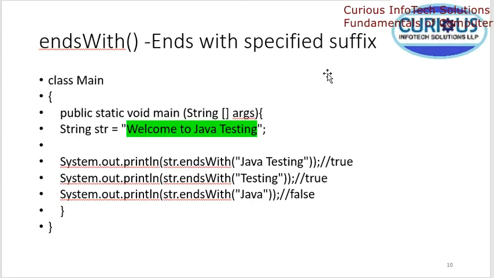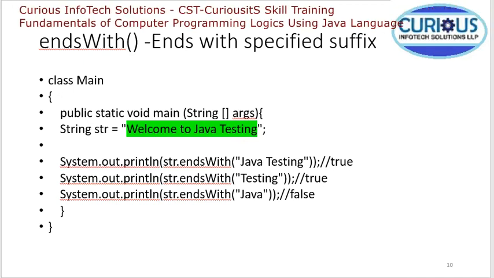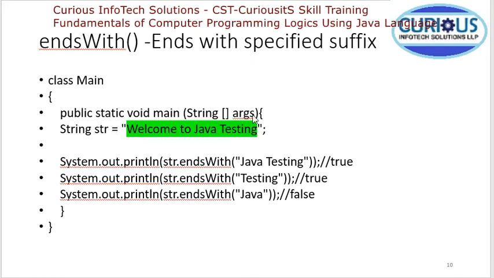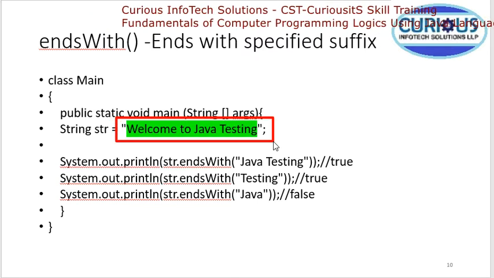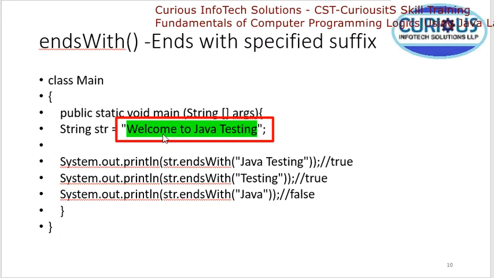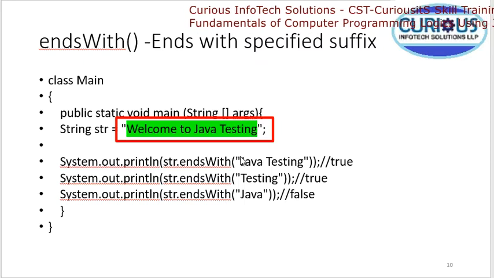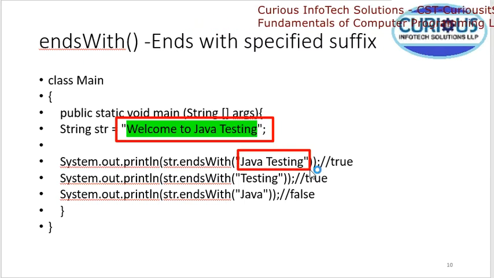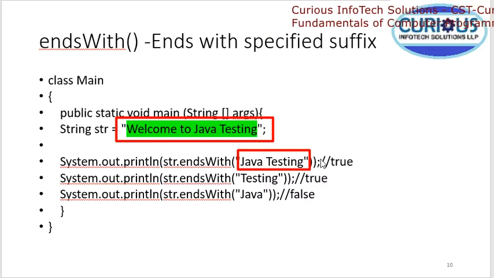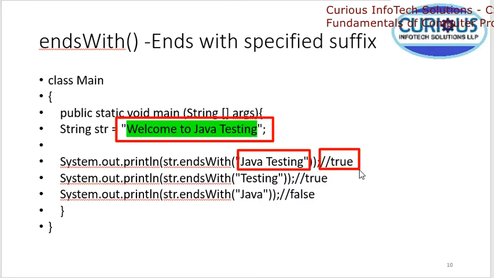Okay, now come to the endsWith. endsWith क्या करेगा भाई? endsWith function आपको ये बताएगा कि आपके इनपुट में से welcome to Java testing is there. In this welcome to Java testing we are ending with Java testing, yes or no. तो you should get an answer true. क्यों? क्योंकि आप देखिए यहाँ पर Java testing से हम end कर रहे हैं.